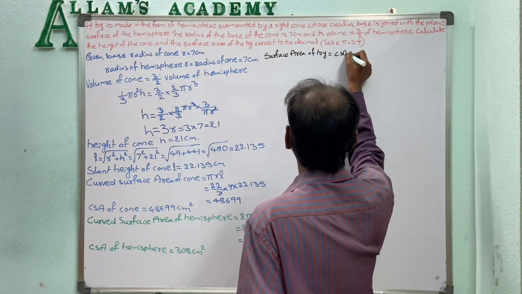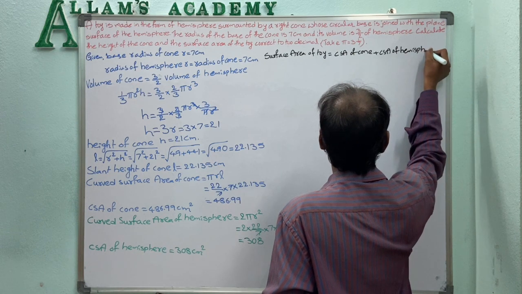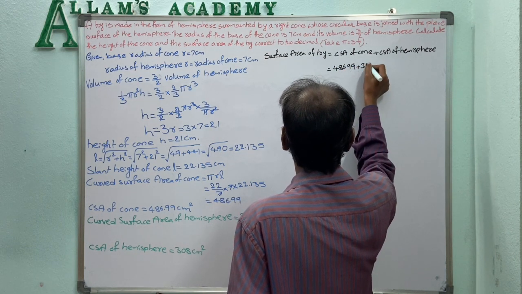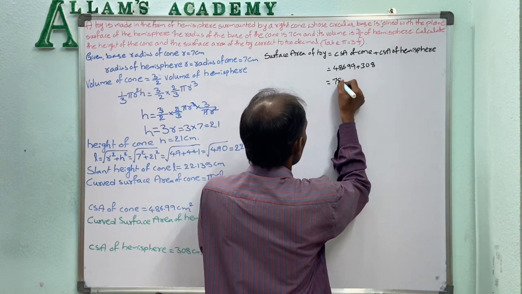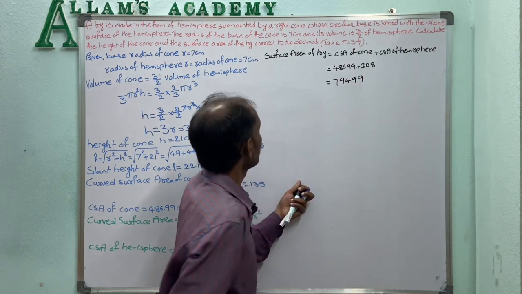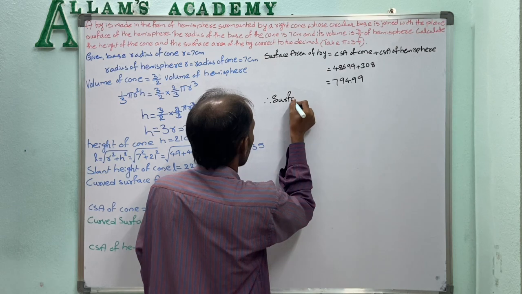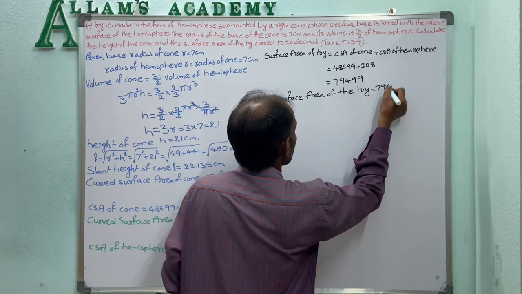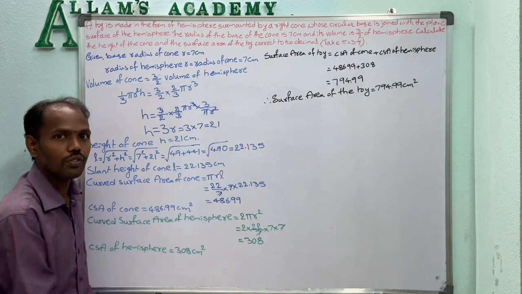So that equals 486.99 plus 308, which is 794.99. So the surface area of the tie is 794.99 centimeter square.